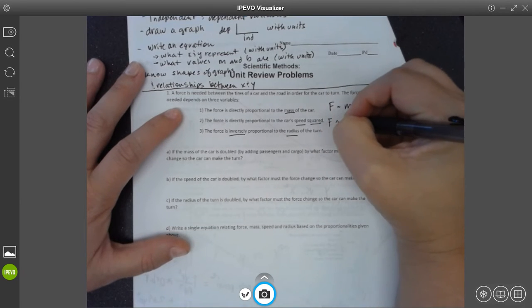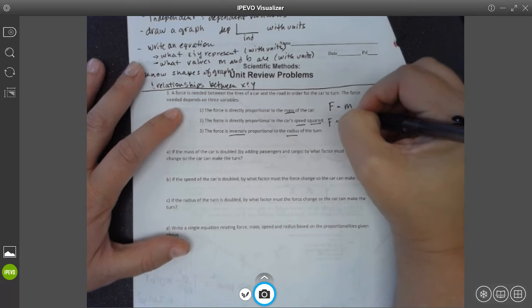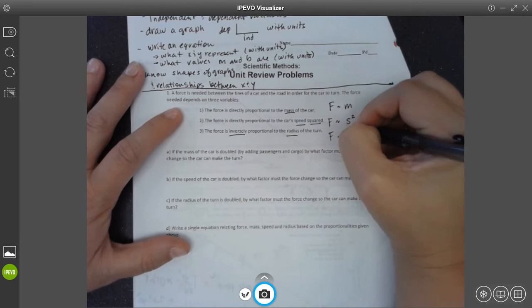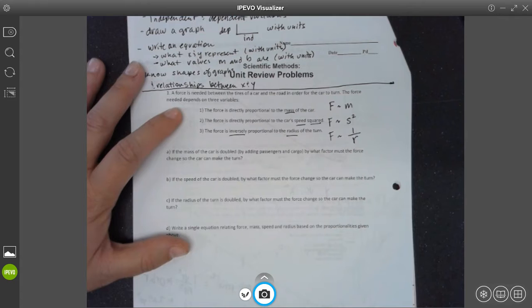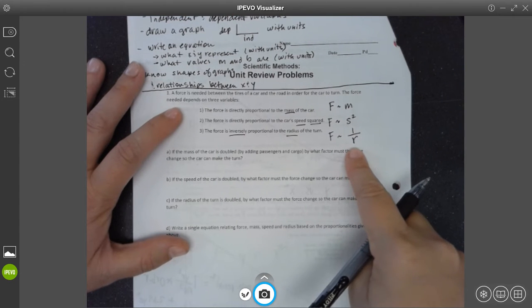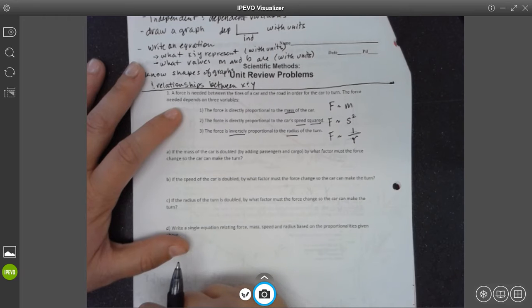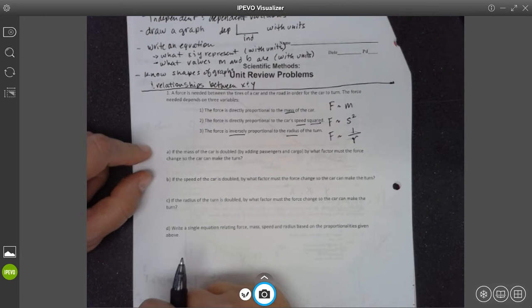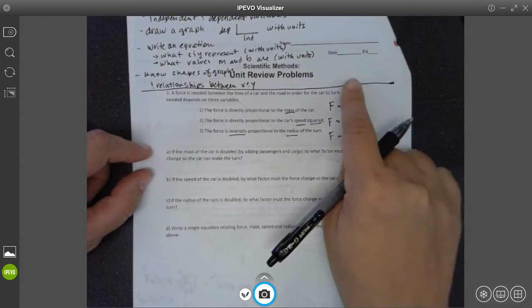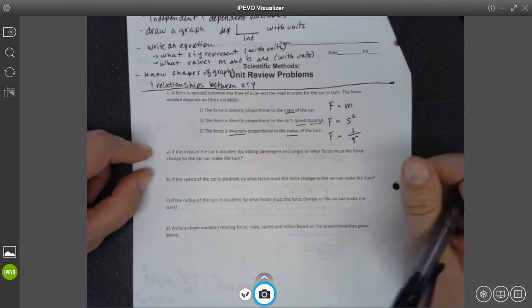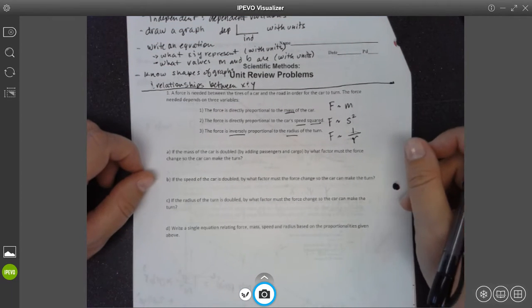Force is going to be proportional to speed squared, and force is going to be proportional to 1 over the radius of the turn, because when something is inversely proportional, it means we're going to flip it over into a reciprocal. Does this make sense to everybody? Do you have questions about this? It's just making math sense, right?